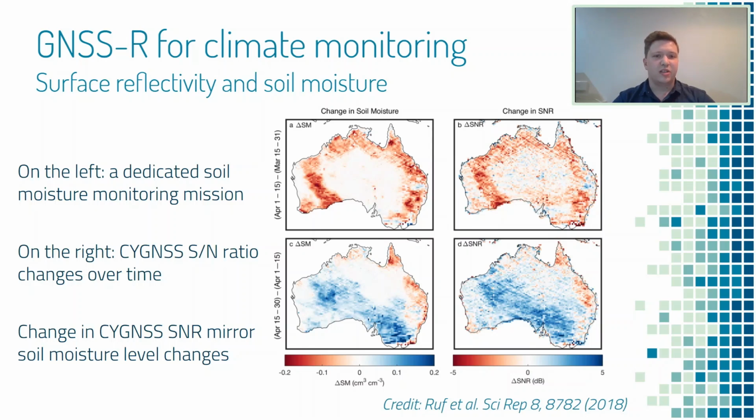The Cygnus data shows the change in signal strength over time, blue being an increase and red being a decrease in signal strength. And we can see that these 2 plots, despite one measuring soil moisture content and the other measuring just reflection signal, are pretty in sync, which tells us that actually Cygnus can measure and quantify soil moisture content from space, which is pretty impressive.